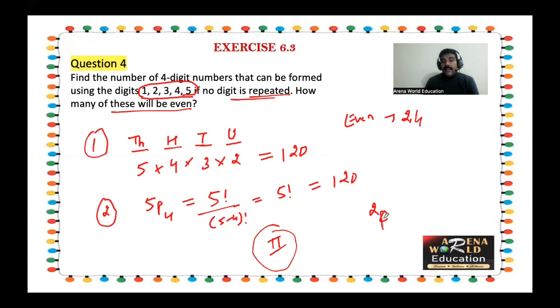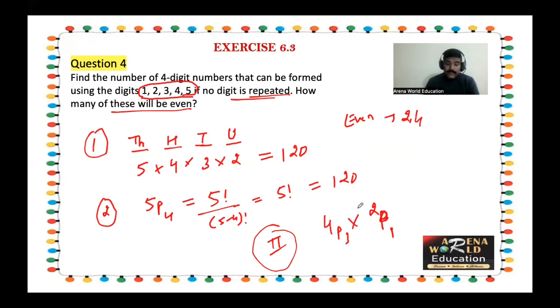So this unit place can be filled by two numbers and we will choose any one number. So it will be done in 2P1 ways, right? And for the rest of the numbers, we have 3 places left, and 4 numbers left.